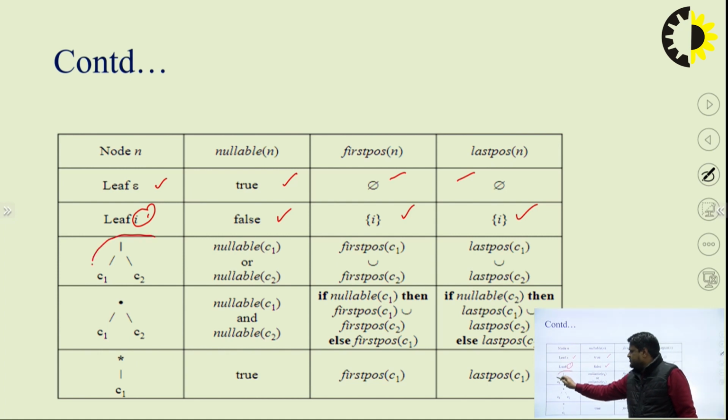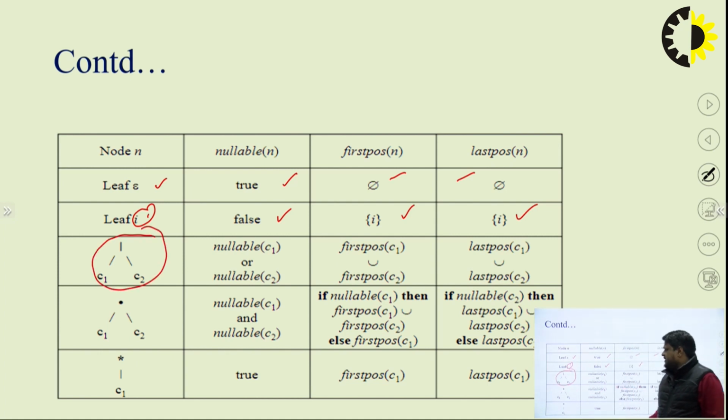For the union operation, nullable will be dependent on the nullable of C1 or nullable of C2, meaning if any one of the two children is nullable, then you can say it is nullable, otherwise it is not nullable. The first position will be dependent on both children, so the first position of C1 union the first position of C2, and the last position will be the last position of C1 union the last position of C2.